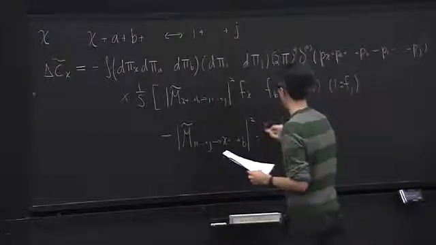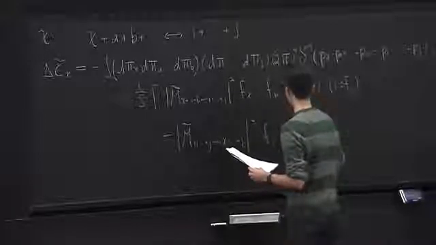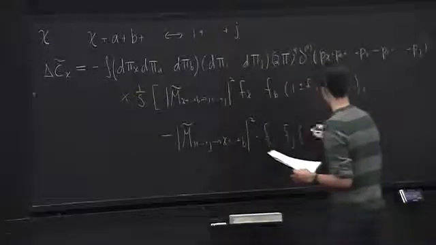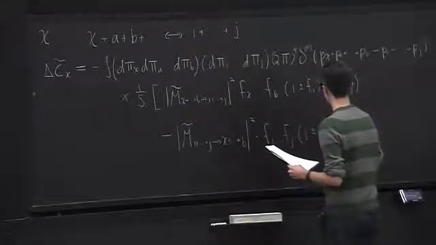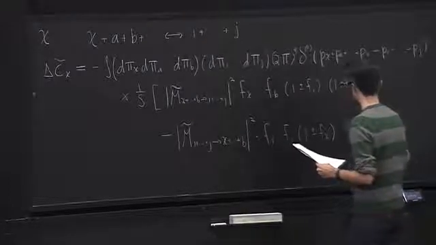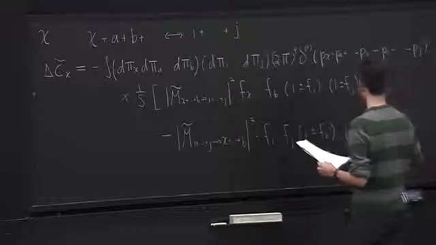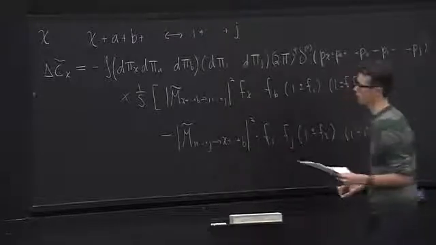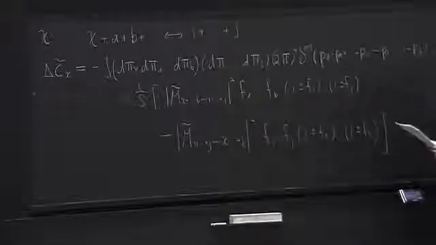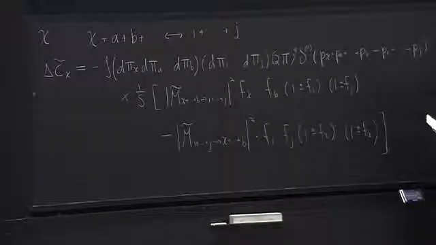And I multiply this by f_i times all the way to f_j, 1 plus or minus f_chi, 1 plus or minus f_b. And then I close my bracket. So the stuff going into here, let me just list it all here.